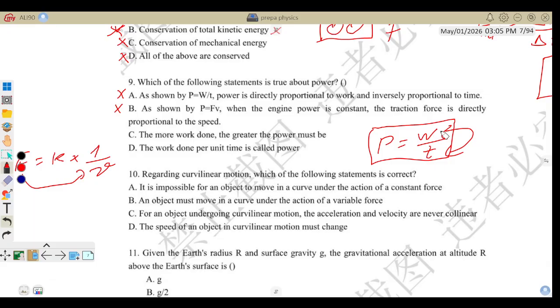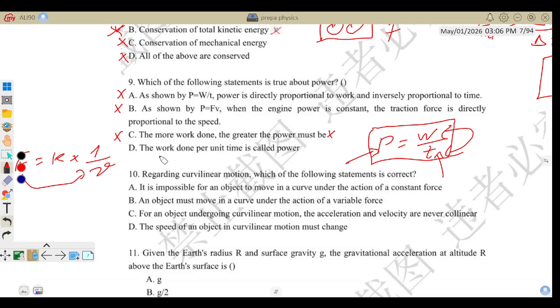So it's not only that greater work will make the power greater, but the work could be greater or decrease, and the time in the same way will change. So that makes P stay as it is. So, the more work done, the greater the power must be, is not a good statement to consider.